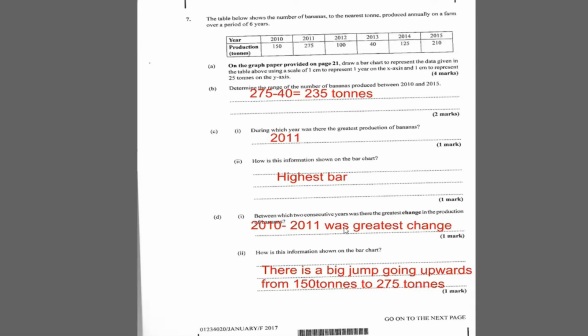I wonder, this would have been the greatest positive change, but when you really think about it, greatest change could mean either bigger. Let's say this is the greatest change for positivity. Just because the wording is not so explicit, what we're going to do is say 2011 to 2012 was the greatest positive change.